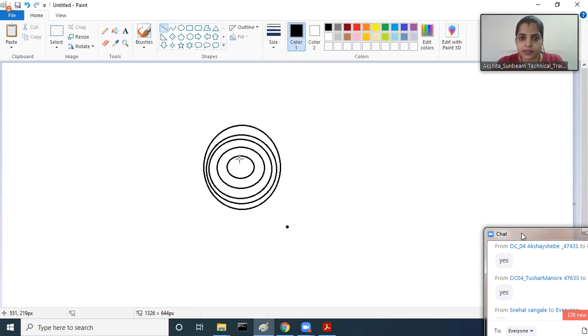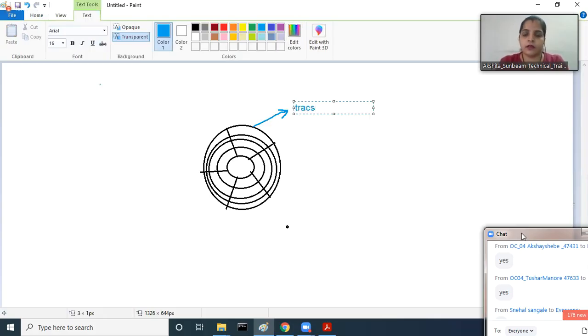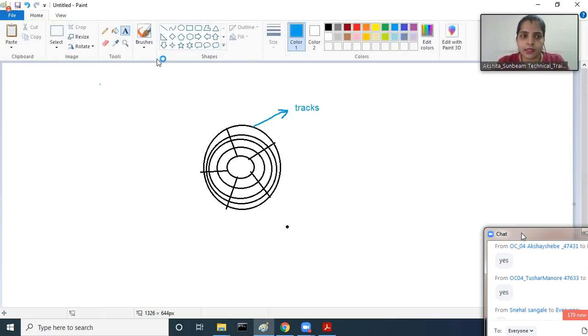These disks have a different number of tracks, and these tracks are divided into a number of sectors. So these are the tracks, and this one, you can say, is a complete sector. This one complete is called a sector.